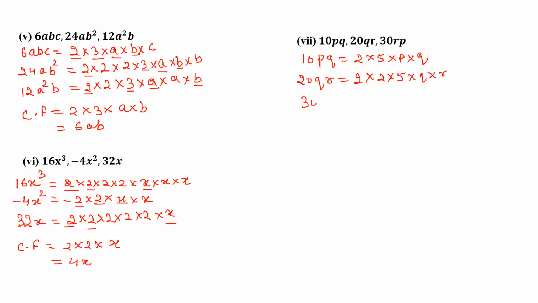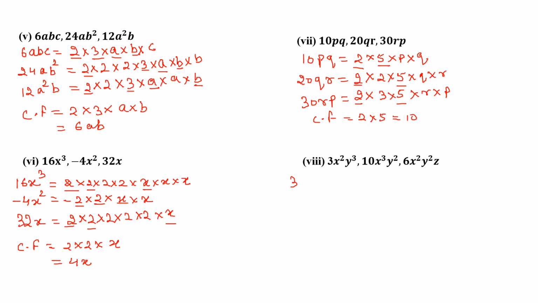Then 30rp, so 2 times 15, so 2 times 3 into 5 into r into p. Let's see the common factor. So 2 is common. Is there any other common factor? 5 is also common. So from here I can write the common factor is 2 into 5, which will give me 10.